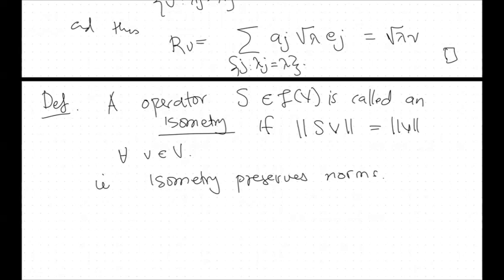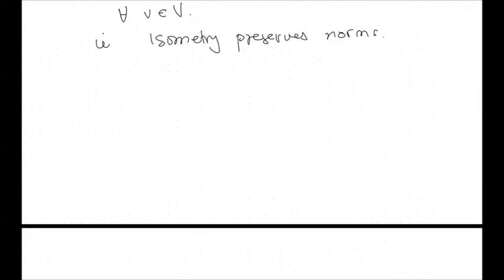And then, of course, lambda I is an isometry whenever lambda is in F and satisfies the absolute value of lambda is 1. And then we will provide a non-trivial example here, which we will use in the proof later.